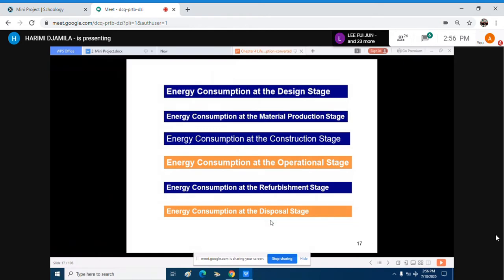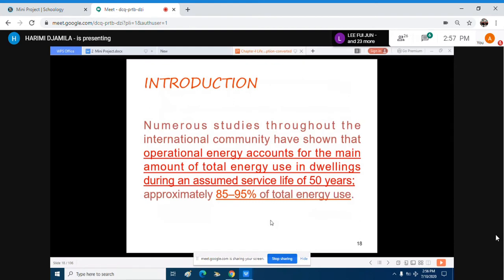All right. We are still in the introduction. As I mentioned to you before, operational energy accounts for the time after the construction of the building, when the people occupy the building.